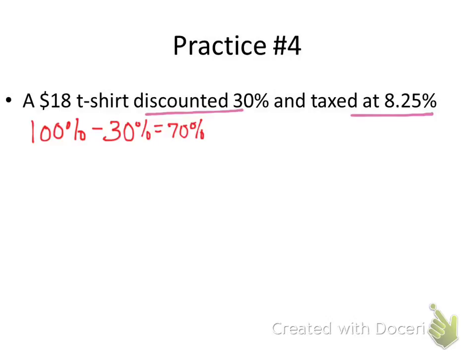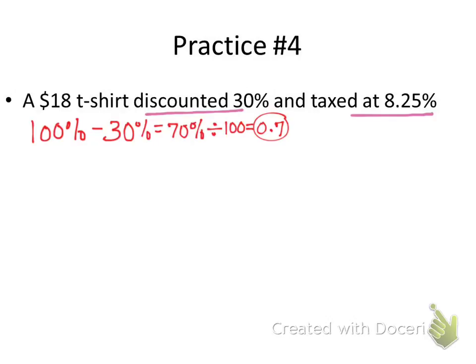Now what? You divide by 100 because you're changing it to a decimal, which equals 0.7. Yeah, good.